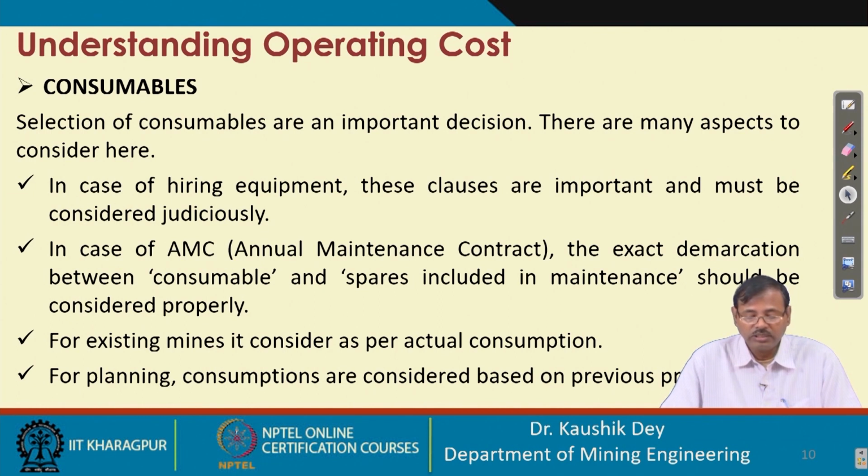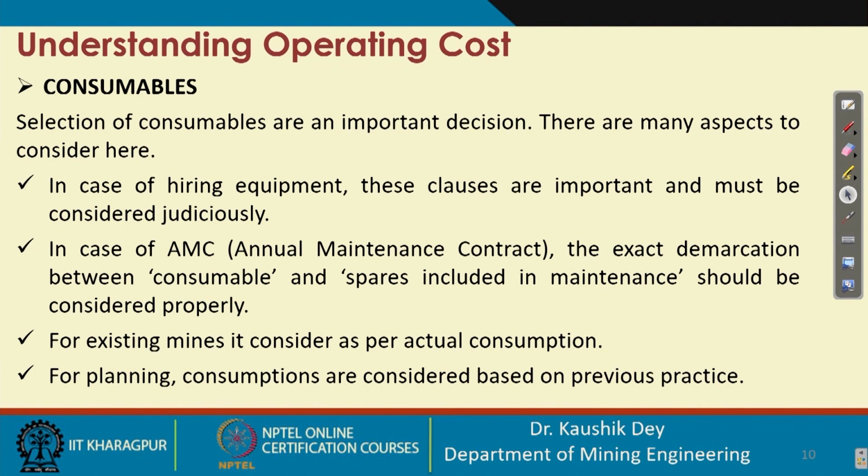For existing mines, the maintenance operating cost or the consumables under operating cost is as per actual. For planning, this consumption is considered based on the previous practice. That is the assumption I was discussing, that 1000 meters is the life of the bit.